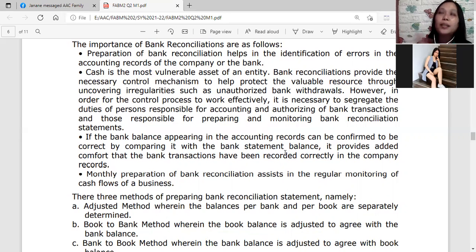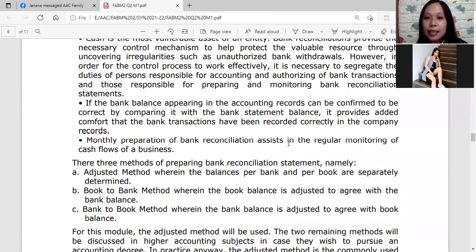So ikaw as an owner, murag you will find things nga kanang kuan ka na you have the faith that it has been recorded correctly. Okay. What else? It assists in the regular monitoring of cash flows of the business. We already talked about cash flows in the previous lesson. So it will give a monitoring.